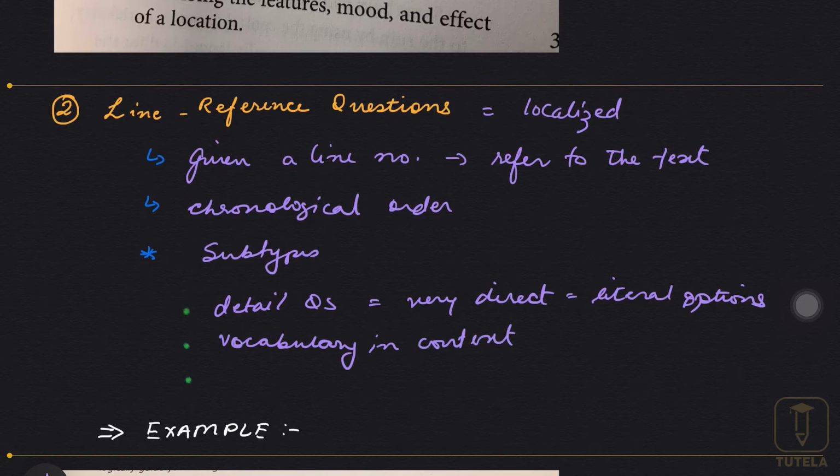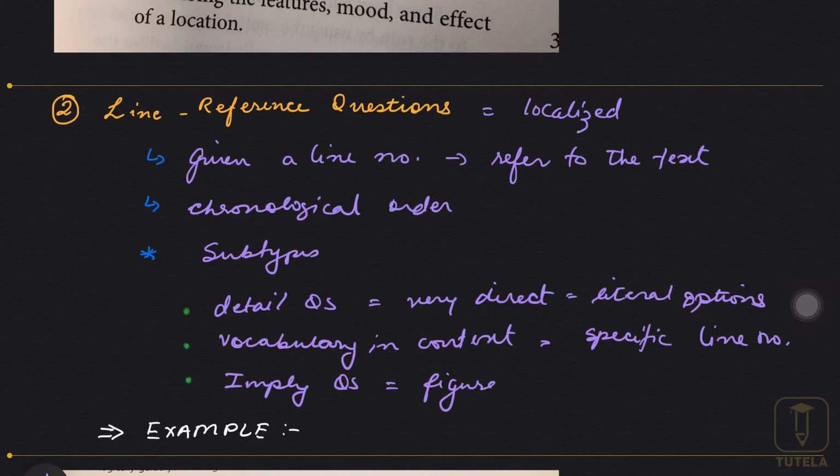The vocabulary in context questions can be placed under line reference questions because these two give us a specific line number, followed by the imply questions. Now, imply questions focus more on implied or intended meaning. Okay, so these are more figurative than literal. Figurative answers. All right.